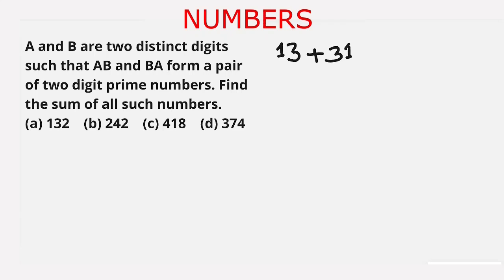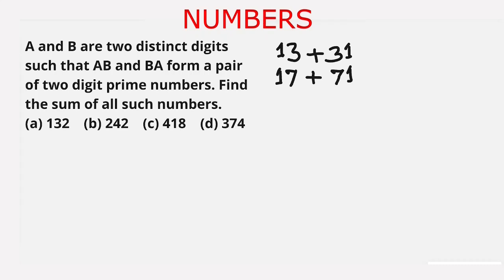Now the next number is 17. After 13 the next prime number is 17, and 17 on reversing the digits becomes 71. That is also a prime number. So we make 17 plus 71.